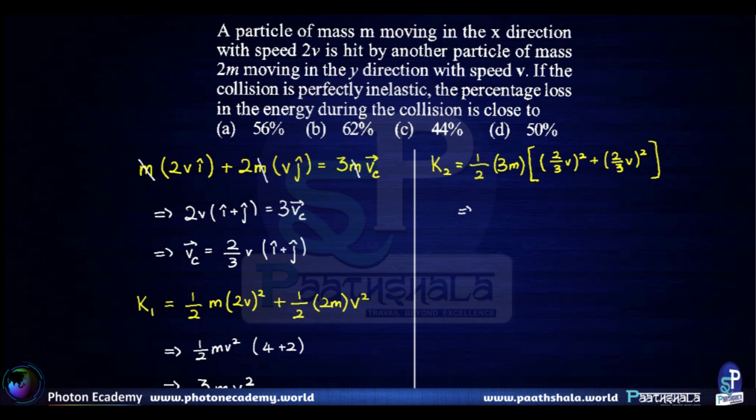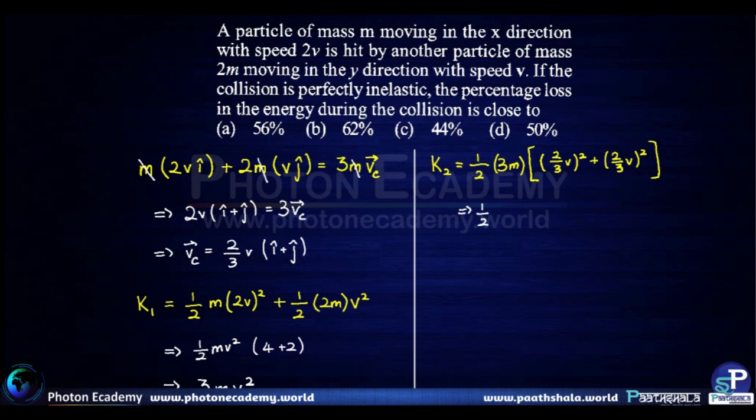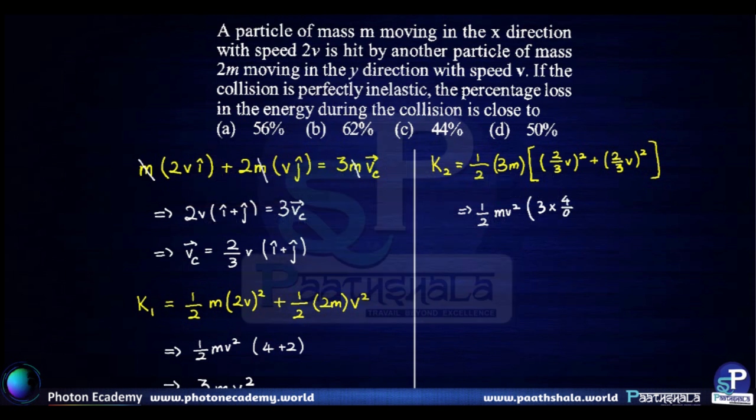So this simplifies to 1 by 2 mv squared into 3 times 4 by 9 into 2. So this is equal to 4 by 3 mv squared.